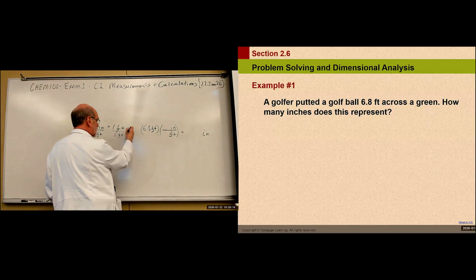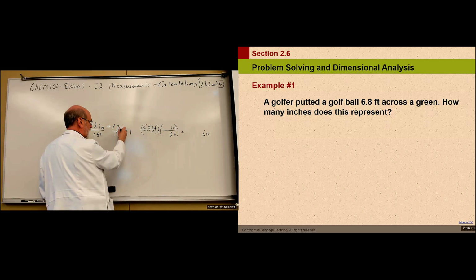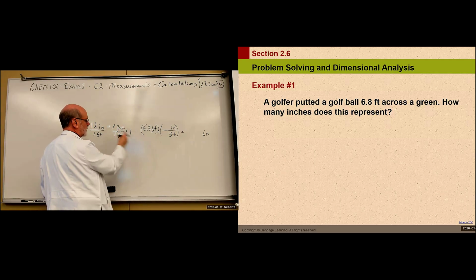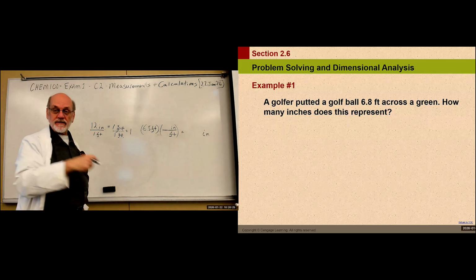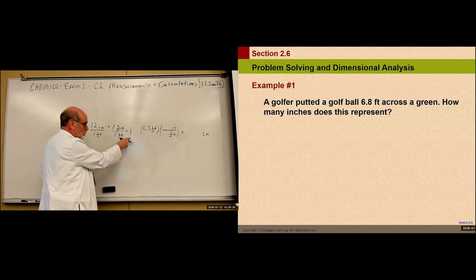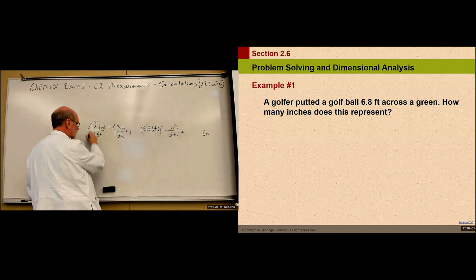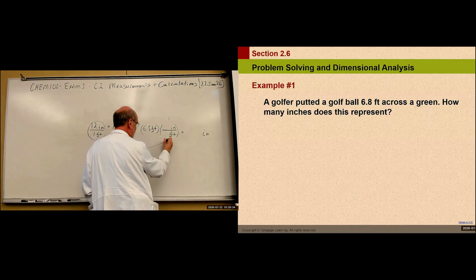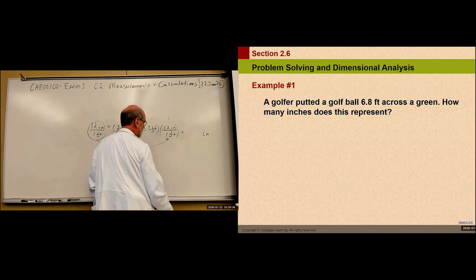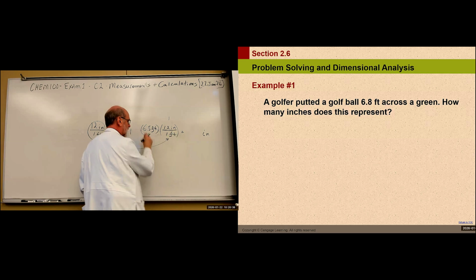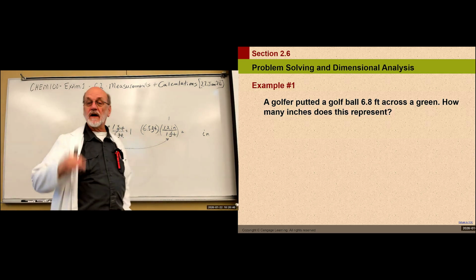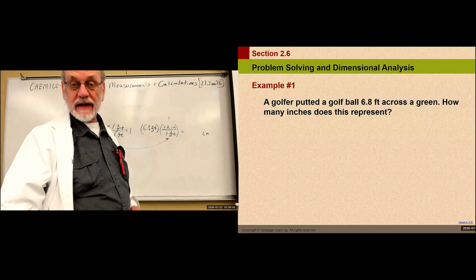This now becomes 1 because that cancels, and 1 divided by 1 is 1. So now we have this expression equal to 1. Remember, that was 1. So let's substitute this one right here. 12 inches per 1 foot. That gets rid of feet. 6.8 times 12 will give us our answer in inches.